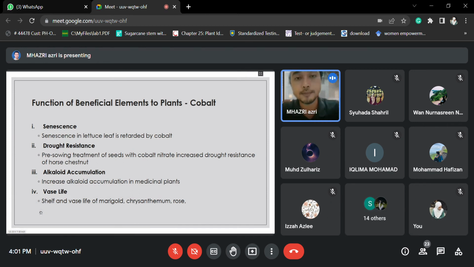Dekat JNC ada. Pokok patawali ni kalau awak pegang, tangan awak gesel dekat batang pokok patawali ni, lepas awak rasa ataupun awak makan nasi, nasi tu akan rasa pahit. Okay, sebab apa? Pokok patawali ni contains very high concentrations of alkaloid. Okay.